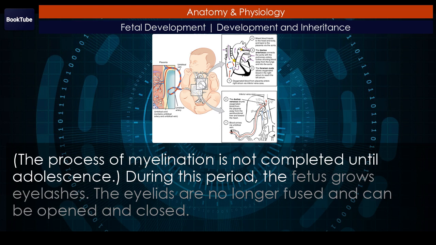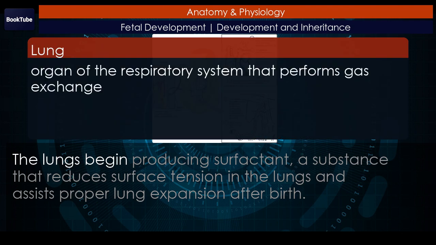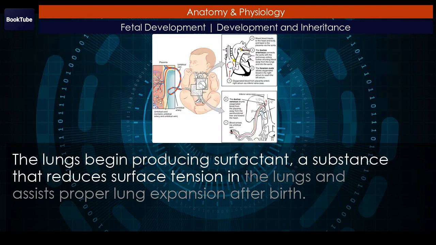During this period, the fetus grows eyelashes. The eyelids are no longer fused and can be opened and closed. The lungs begin producing surfactant, a substance that reduces surface tension in the lungs and assists proper lung expansion after birth.